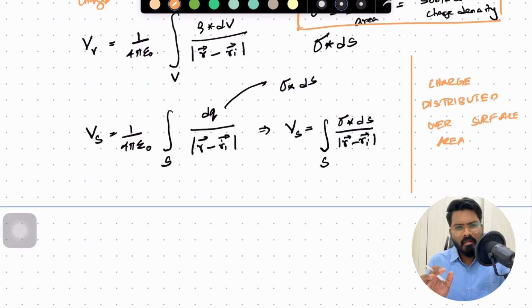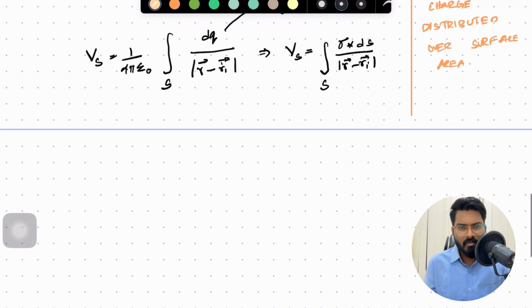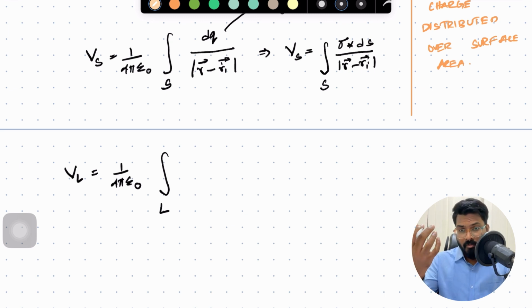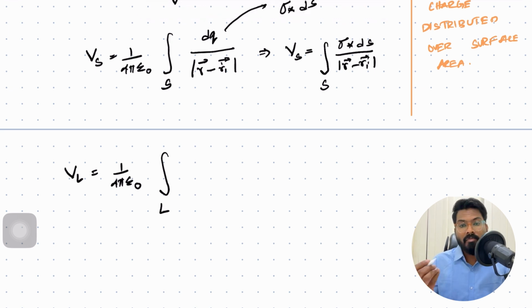Now we could also look at the charge due to a line. So that is called VL, the potential due to line charge density, which equals 1 by 4 pi epsilon naught, integrated over the length of a line. For volume we looked at volume charge density. For surface we looked at surface charge density. For line we look at line charge density, which is given by lambda.